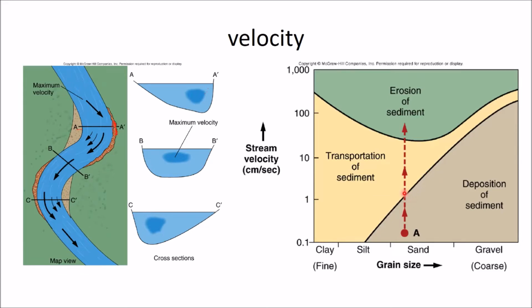But when the velocity is higher than that value, transportation occurs, and even higher, up to here, maybe somewhere like 40 meters per second, then erosion occurs. That is very interesting to see how soil or sediment can be deposited or transported or eroded by the flows.